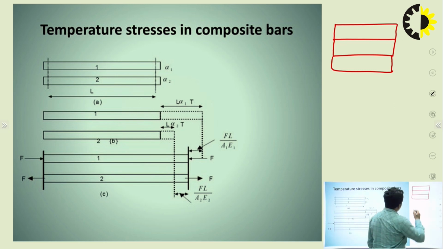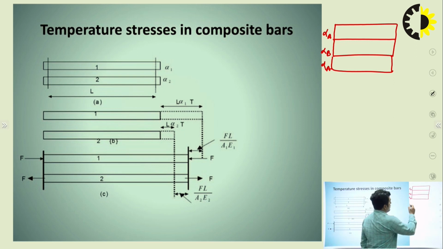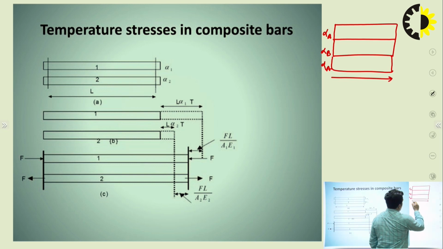Now, this is alpha A, alpha B, and again alpha A. We need to know all the members have circular cross section. The length of the member is L.